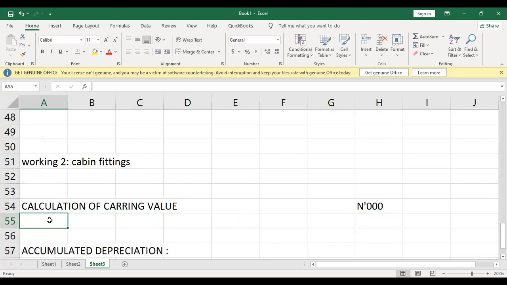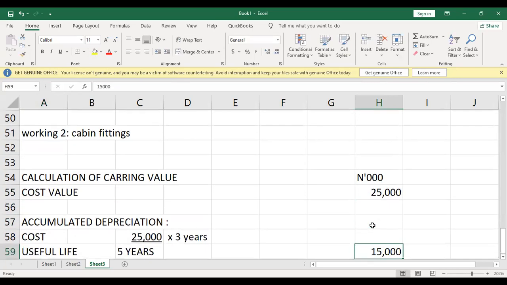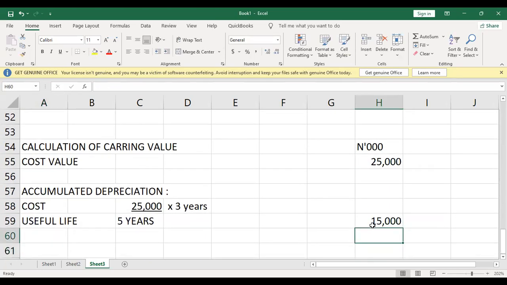So the cost value is 25. Okay, so 25 minus 15 is 10. What do we have? 10 million.